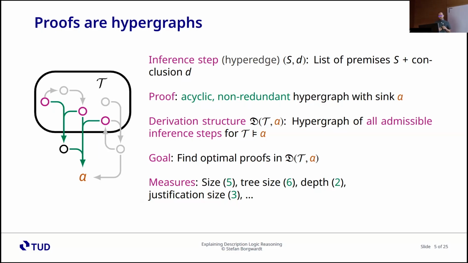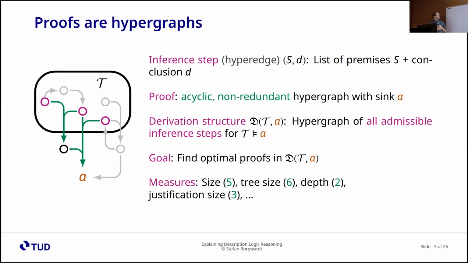And then when we are studying this problem of finding good proofs, we had the problem of formalizing what is a good proof, or what is even an inference step, because in general there are infinitely many possible inferences that you can do starting from an ontology. You can derive lots of things. But we have to focus on the things that actually lead us to our conclusion.